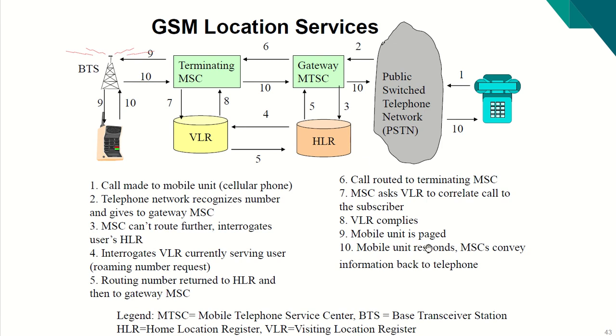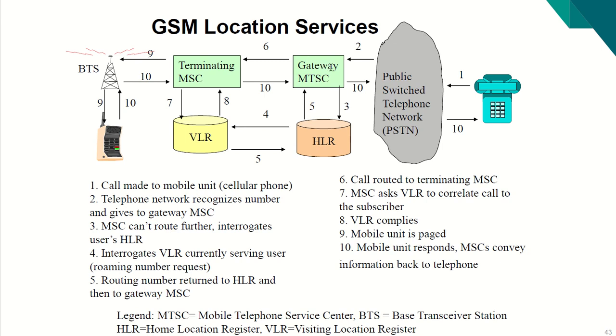If we look at the steps, each number represents a step, and each step is described here. So let's take a look at this step by step. The first thing is this phone initiates a call, and it goes to its PSTN. That PSTN identifies that the receiver is a cell phone, so it makes a request to this gateway.